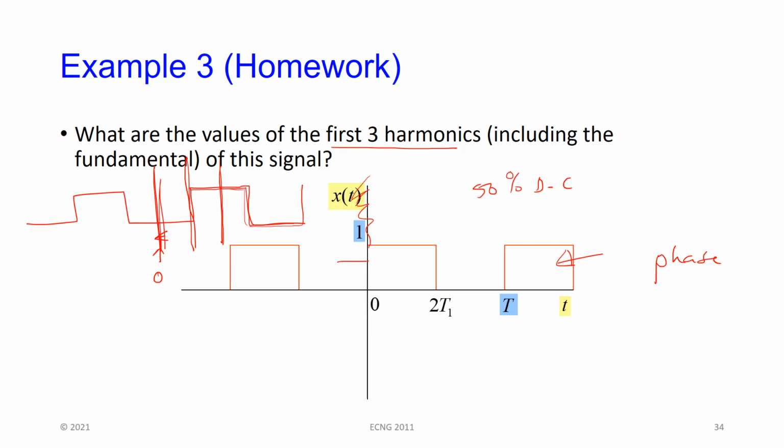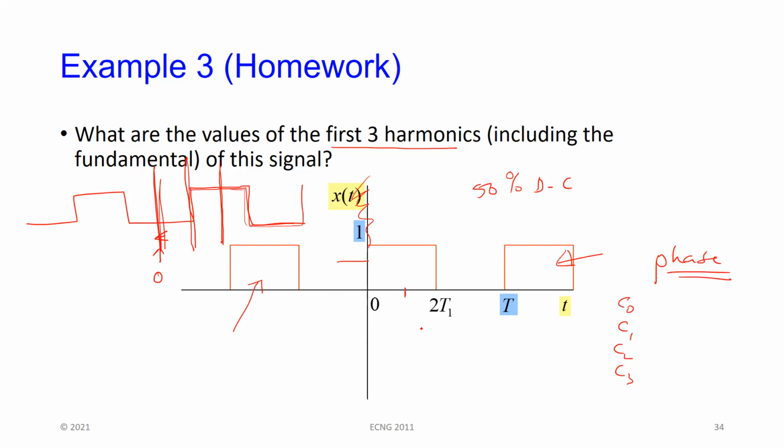So when you apply the complex Fourier series to this particular signal, your intuition is telling you that C0, C1, C2, C3 are going to be the same. They must. But because there is a time difference now, I'm looking at it differently.